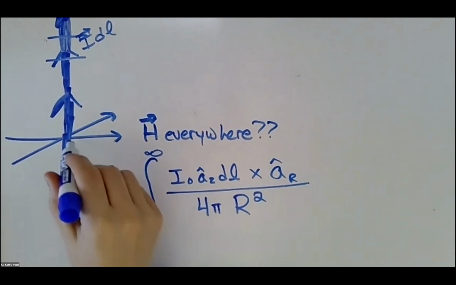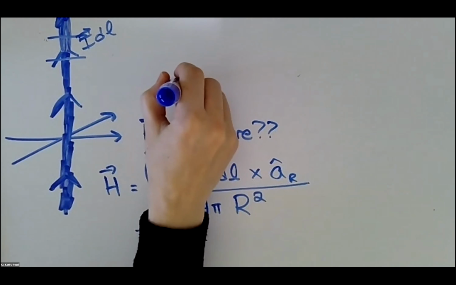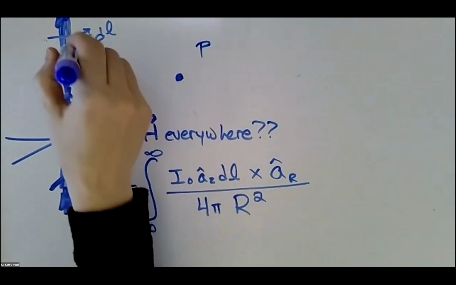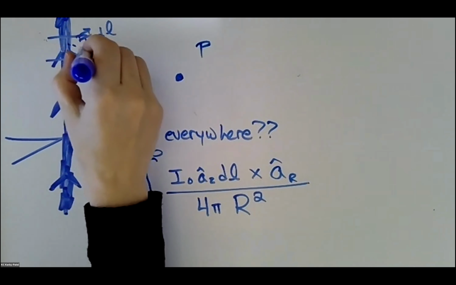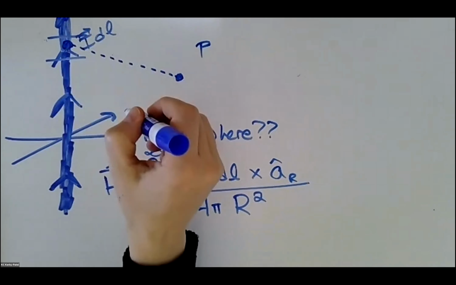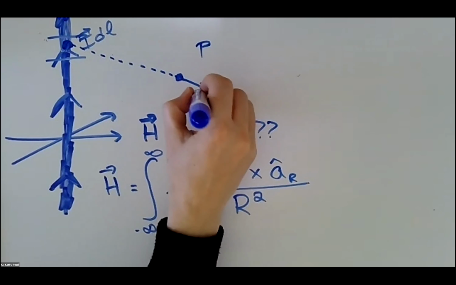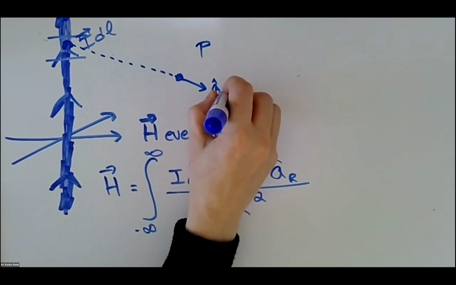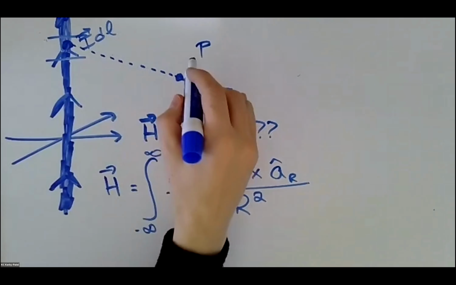And let's look at it here at this observation point. The unit vector from my differential current element to my observation point points in that direction, a hat r.